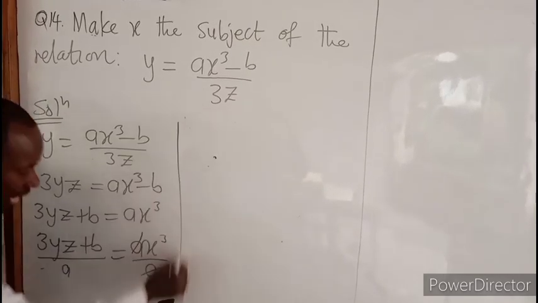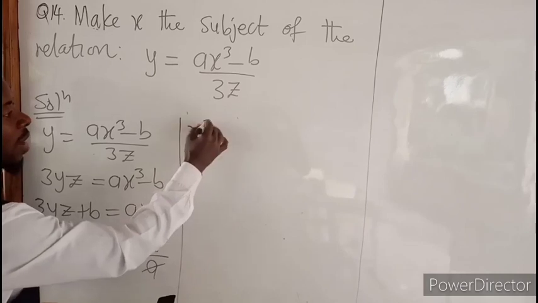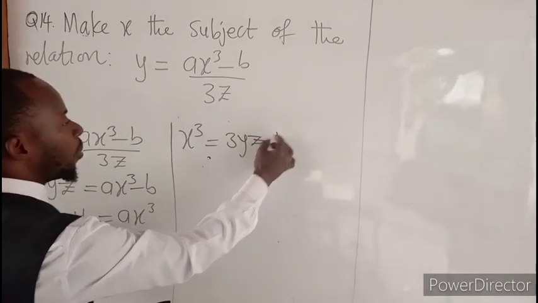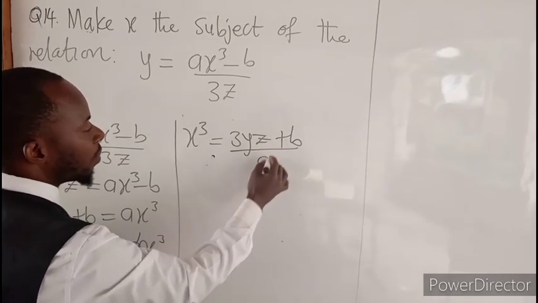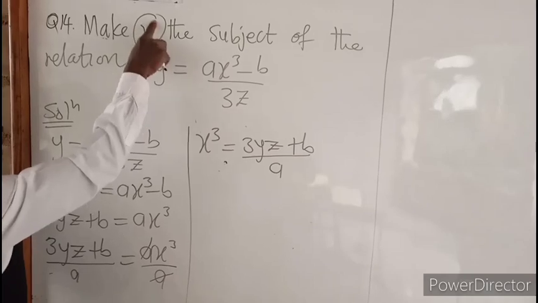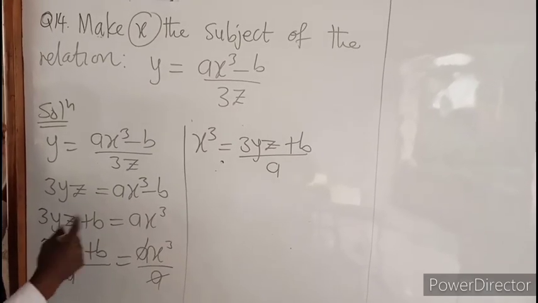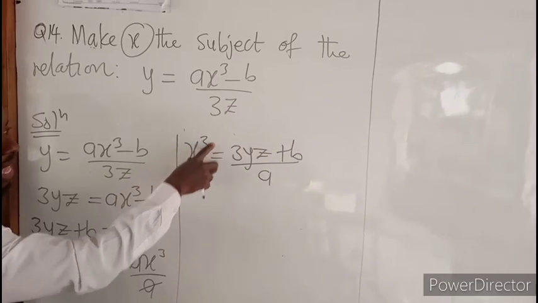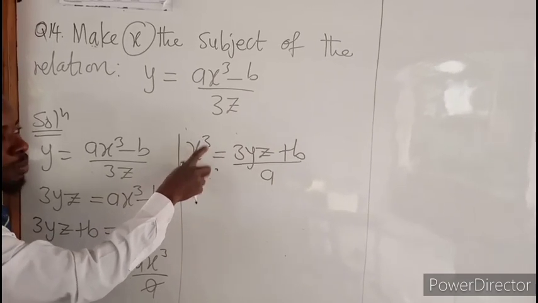You are now left with x to the power 3 equals 3yz plus b divided by a. We need x without any exponent, which is more than 1.